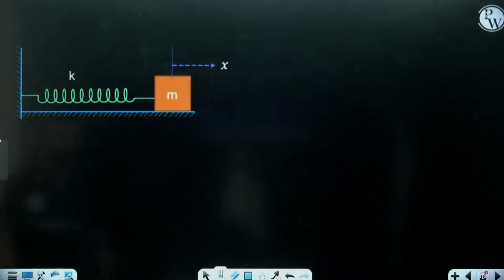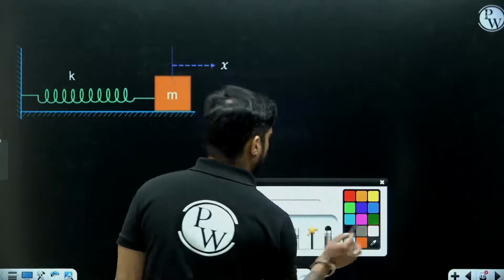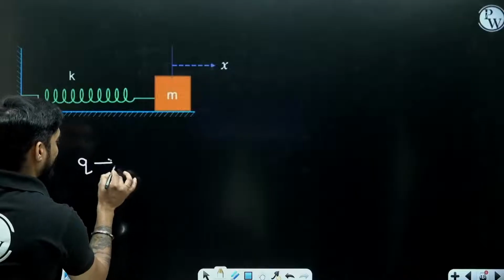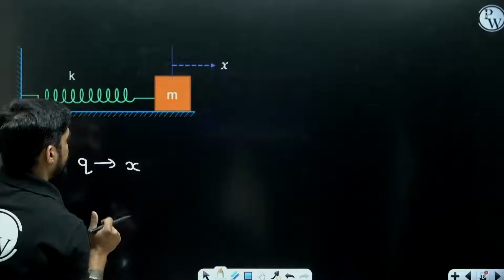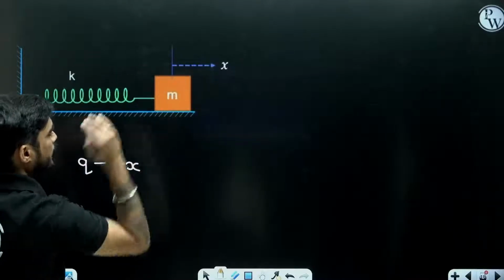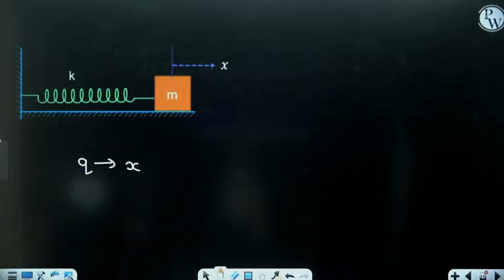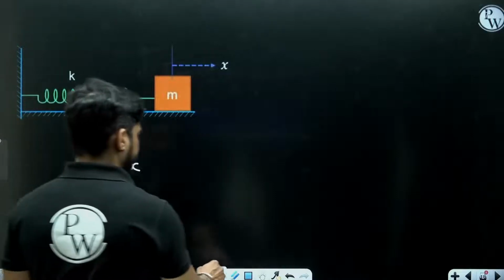So here, what is your generalized coordinate? Obviously your generalized coordinate will be x. Why? Because if the block moves by x distance, the spring will also get deformed by x distance, right? So your generalized coordinate is x. Now, what will be the kinetic energy?